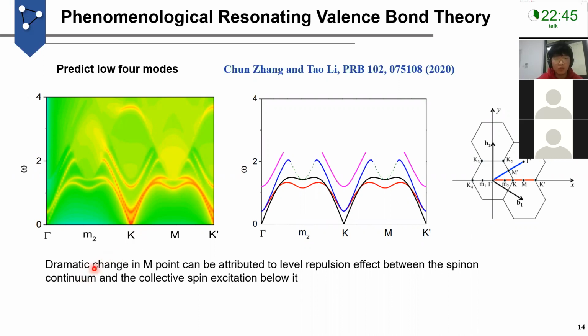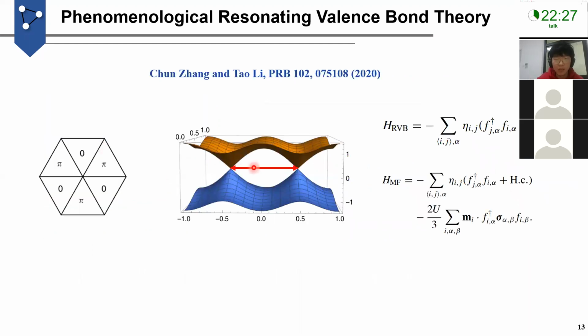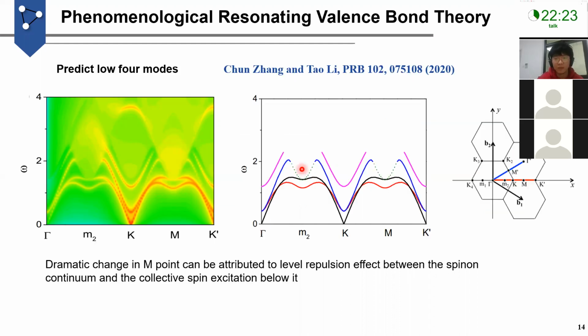The author concludes the dramatic change in the endpoint can be attributed to the level repulsion between the two-spinon continuum and the lower collective spin excitations. The reason why the effect is much sharper on the endpoint is because the vector connected to the spinon Dirac points is the vector of the endpoint.